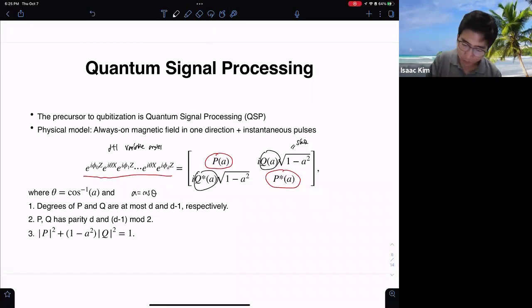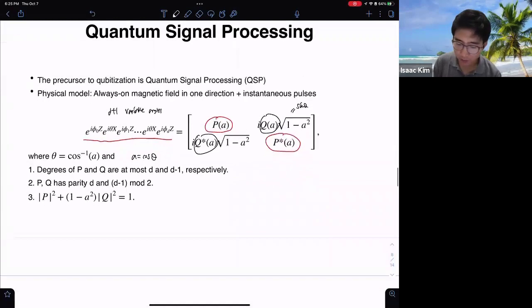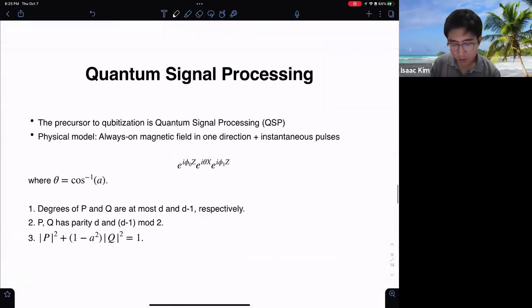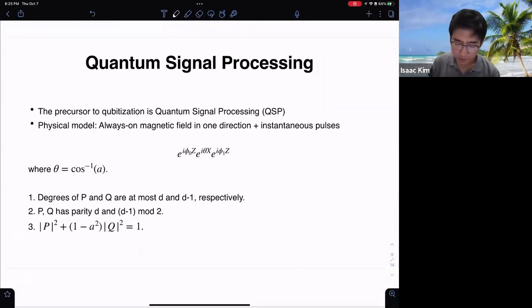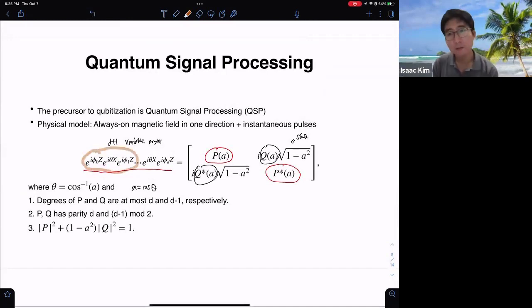Okay, so we're going to show this. It's simple enough that it's good to work this out explicitly. So let's first consider the simplest case. Focus on this equation, and now we're just taking the d equals 1 case. So you truncate up to this, and you only have 3 terms.